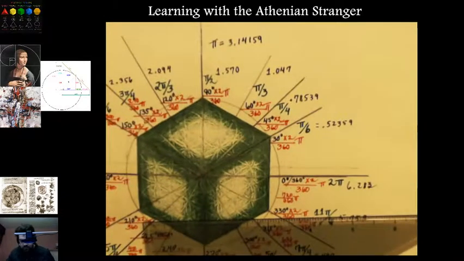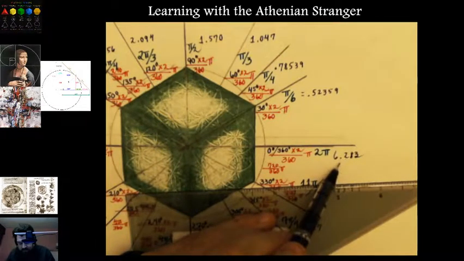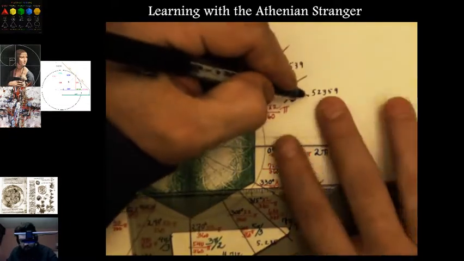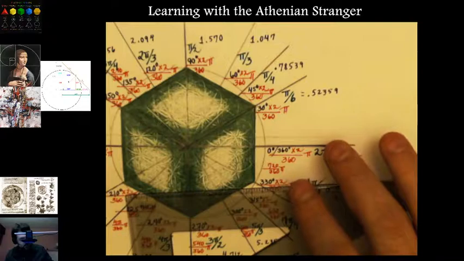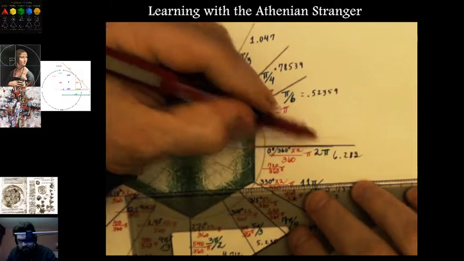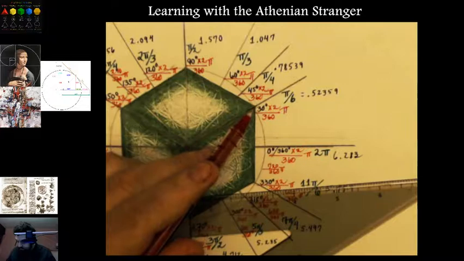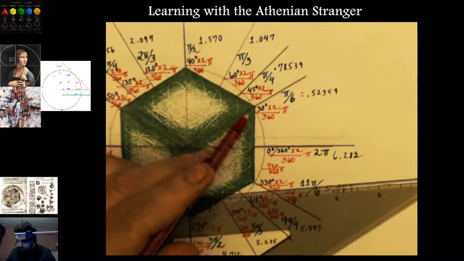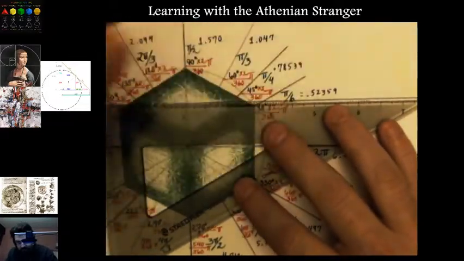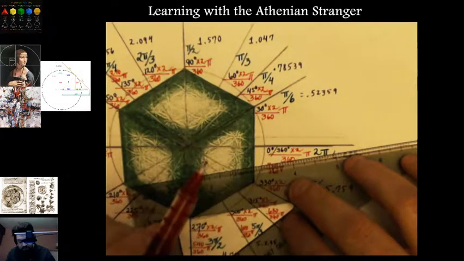So if the total circumference is down here, 360 degrees is 6.283, what percent of 360 degrees is represented by 30 degrees? Well, here's what we do. We have our radian measurement for 30 degrees at 0.52359.